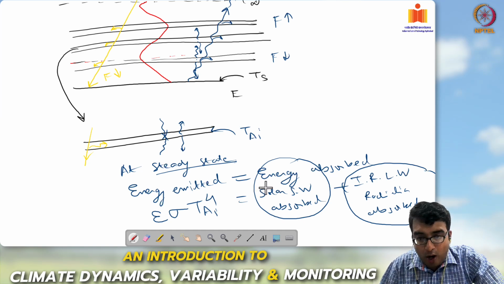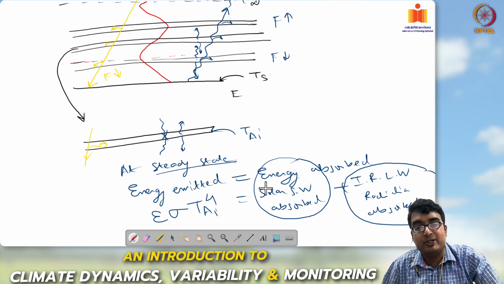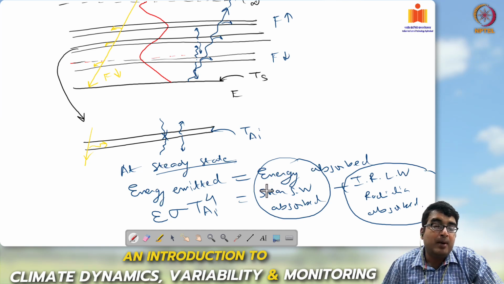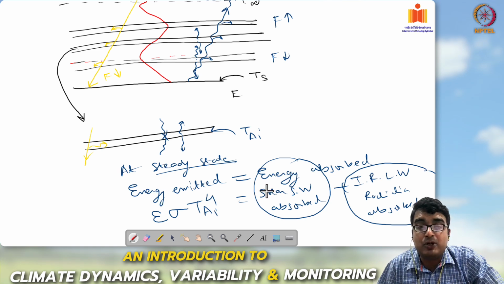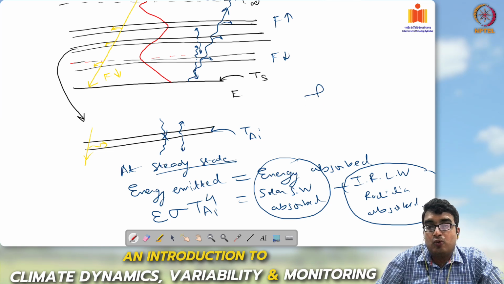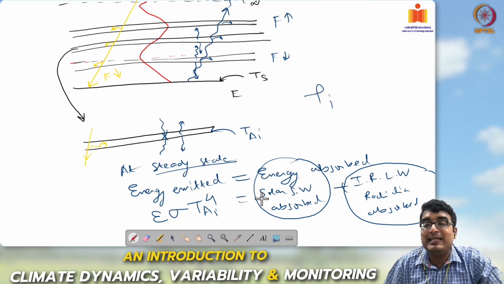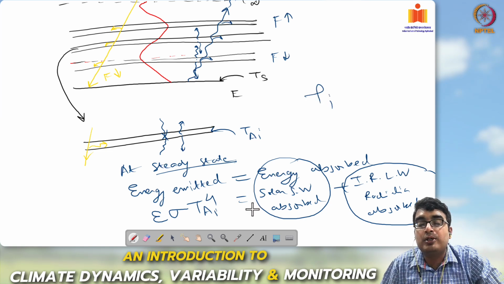The atmosphere is warming up because we have to maintain the energy balance. That is, the amount of radiation absorbed must equal the amount of radiation energy emitted, and the amount of radiant energy being absorbed is increasing because the absorber concentration rho I is increasing due to human caused emissions.